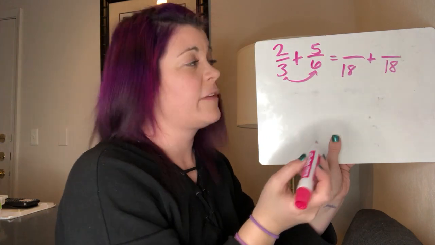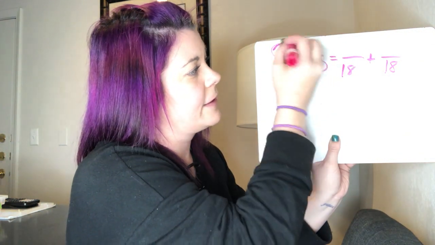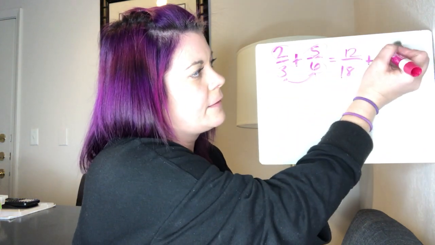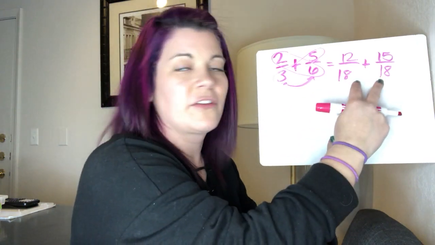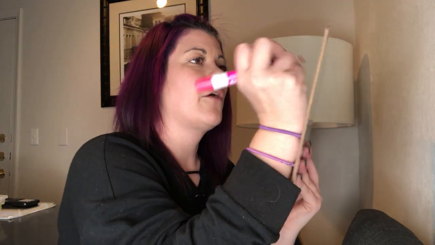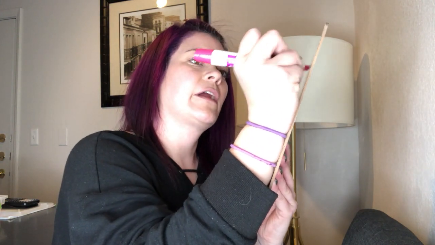And then you want to do the diagonals. Starting with the top left corner, you do 2 times 6, which is 12, and 3 times 5, which is 15. So now we have a common denominator, and all you need to do is add the numerators. 12 plus 15 is 27, and then over 18.